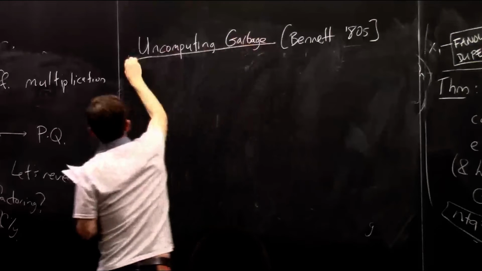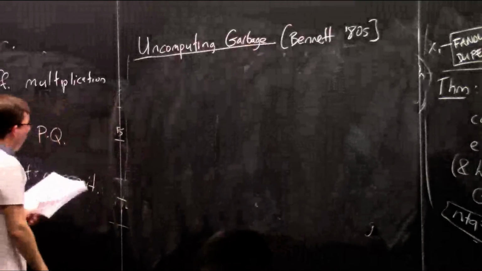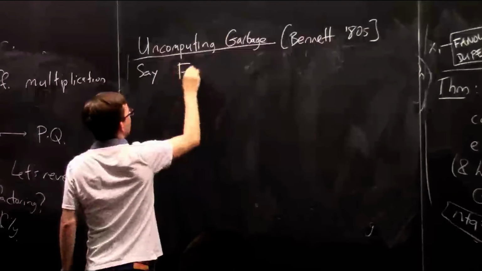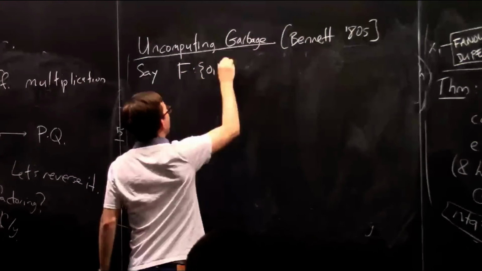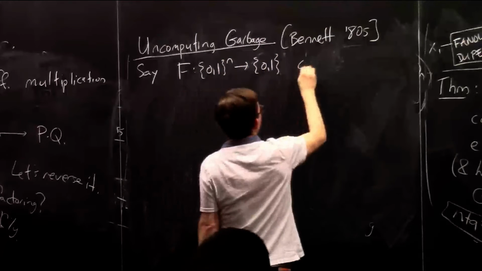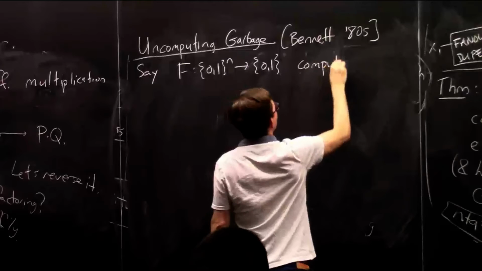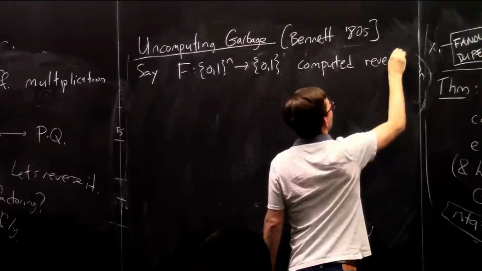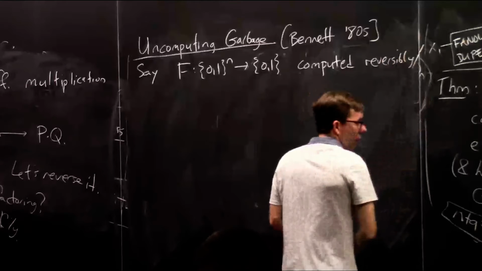Uncomputing garbage. Okay, so here's the trick. I'll do it in the context of one-bit output functions, but it works just fine for any number of output bits. Say you have this Boolean function, and you compute it reversibly, or quantumly, whichever.